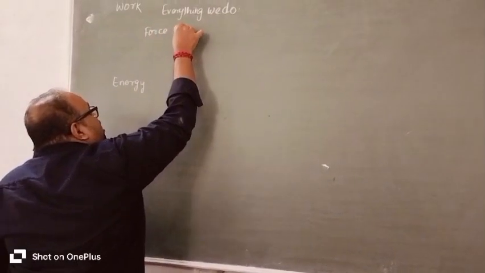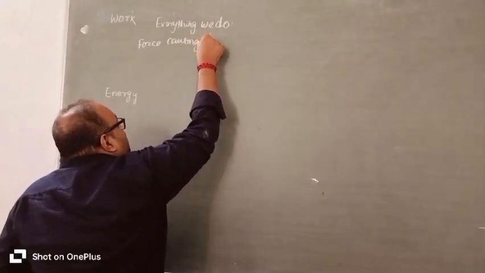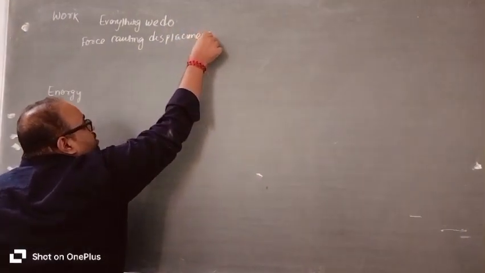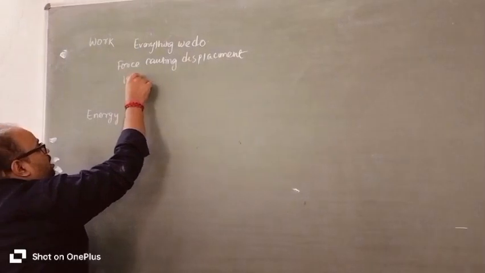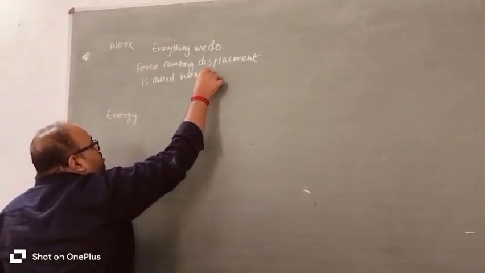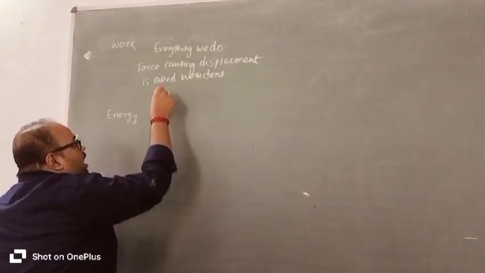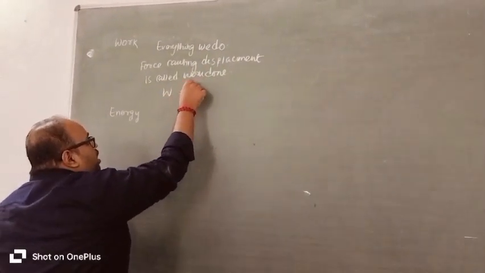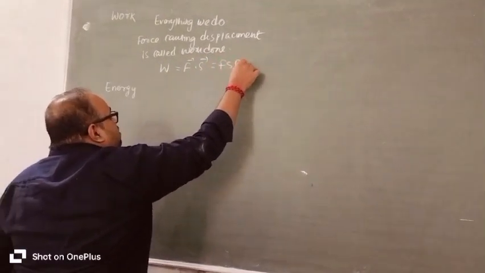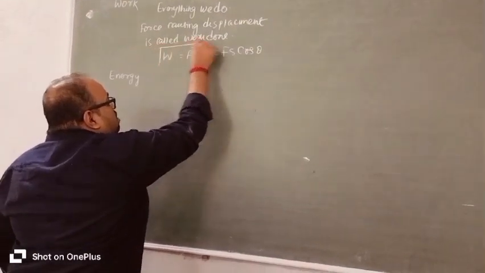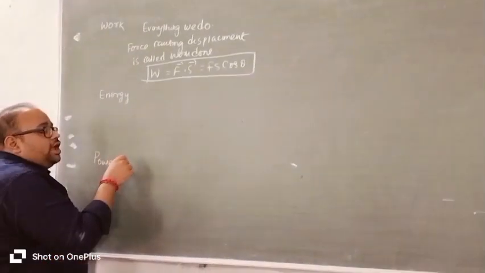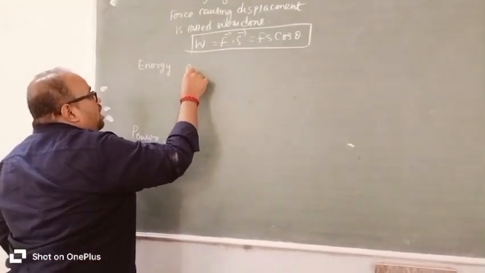Force causing displacement is called work done. So you write W equals F dot S, which equals F s cos theta, which is nothing but work done.